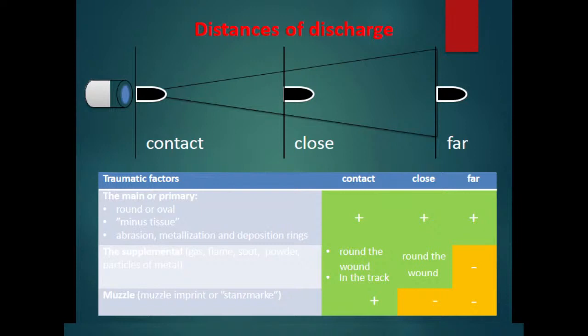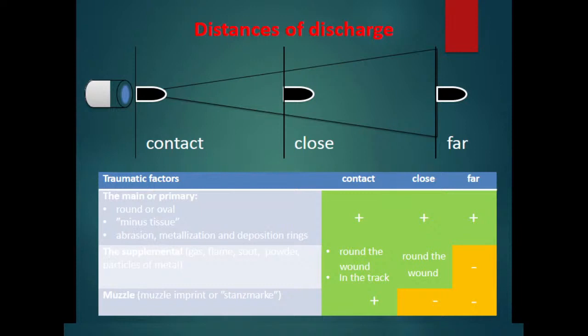Close range is the distance limited by the reach of the supplemental factors. As long as supplemental factors might reach the target, there is a close range. If we see the effect of supplemental factors, flame, gas, gunpowder, there is a close range. Then the distance beyond the range of flying of supplemental factors is far or long distance.